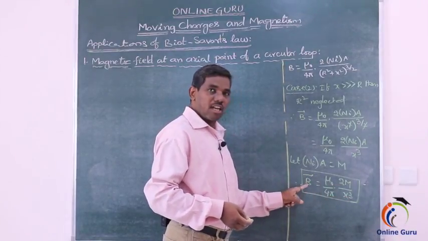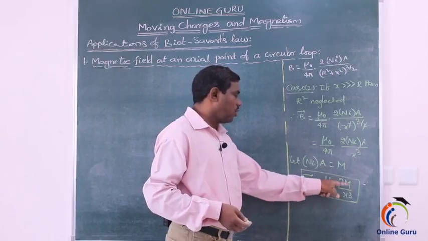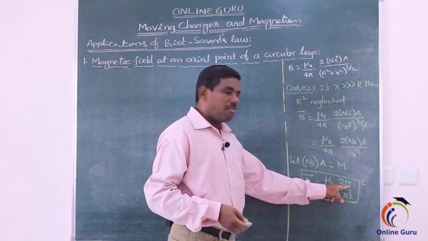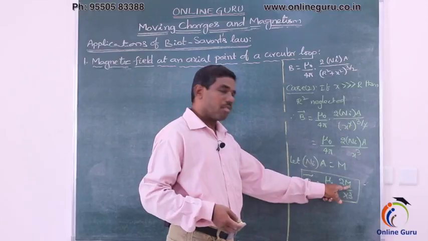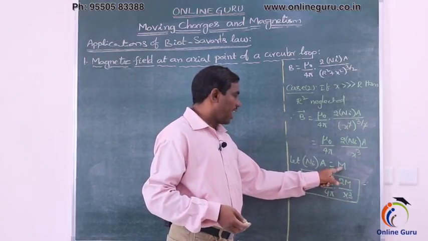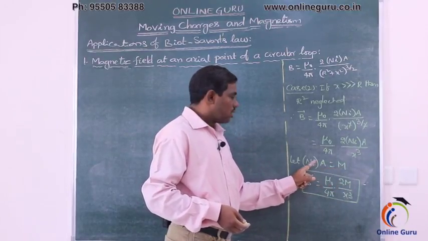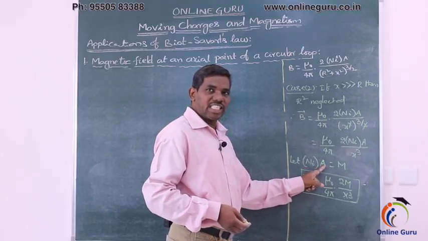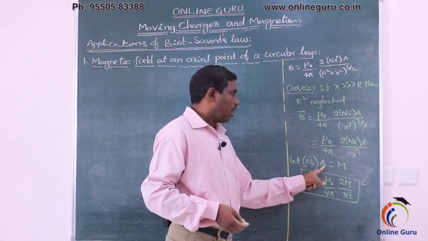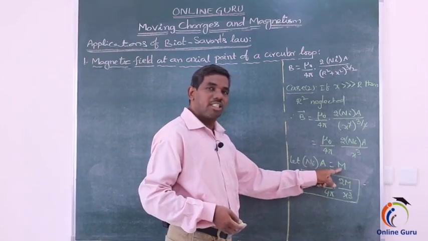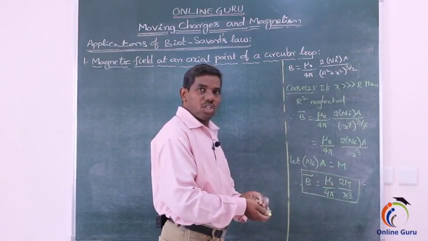That magnetic induction B is equal to mu naught by 4 pi into 2m by x cube. Here m is the magnetic dipole moment. Dipole moment can be defined as the product of ampere turns and cross-sectional area of the circular loop, which is said to be its magnetic dipole moment.